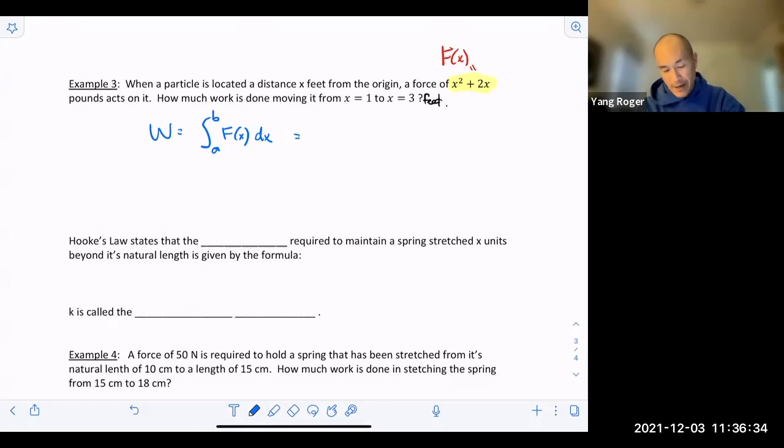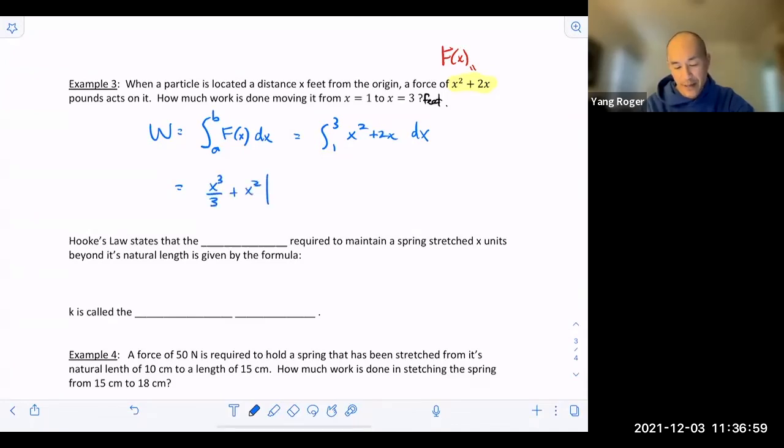In this case, we have the integral from 1 to 3 of x squared plus 2x dx. And when I integrate, I have to find the antiderivative. So this will be x cubed over 3 plus x squared. We evaluate that from 1 to 3.